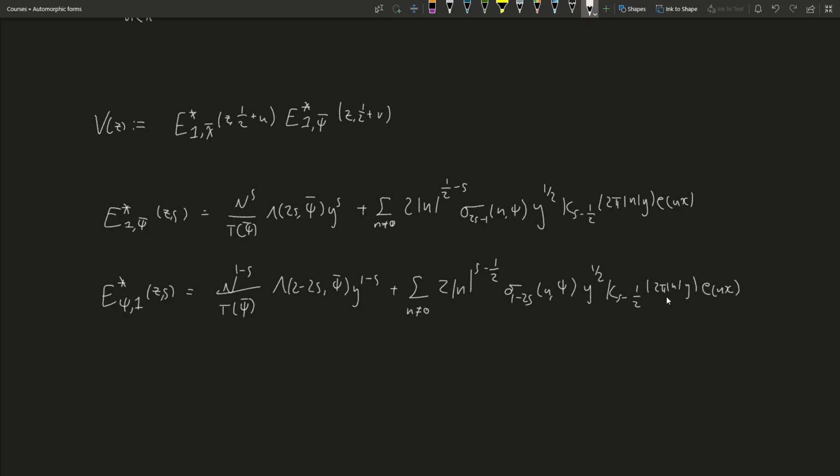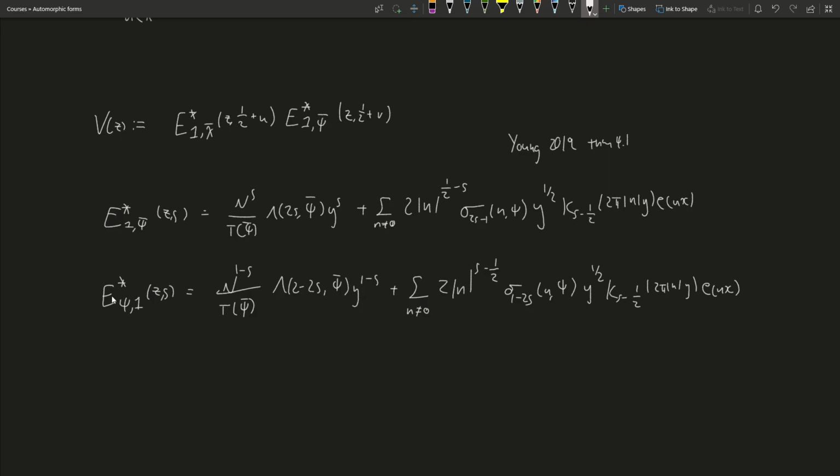So I hope that I didn't mess up any ψs and ψ bars or anything like this. You can get this from Young 2019, Theorem 4.1, in case I copied these down wrong.